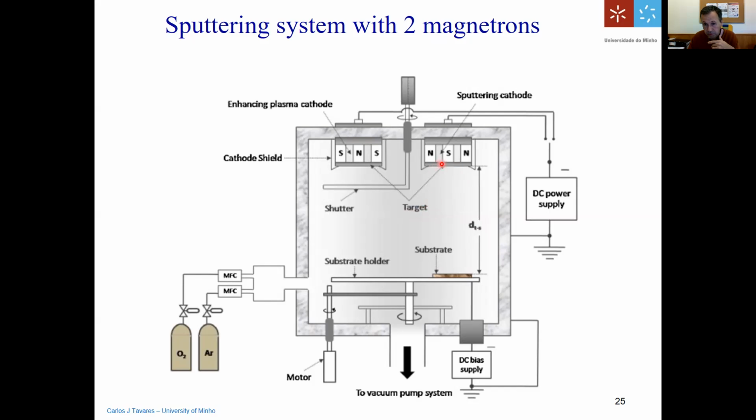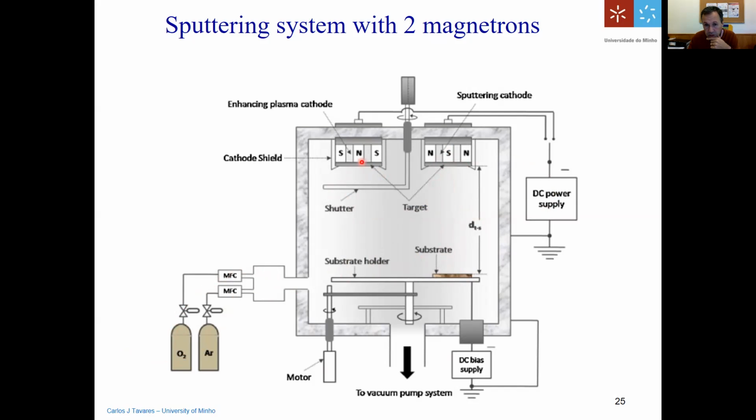If your titanium plate is here, then in this process, you're making the deposition of titanium, which means that you have to rotate your substrate holder and put your substrate directly below the titanium target, to make titanium dioxide after you put oxygen. Now, when you sputter from the zinc target, you have to open the shutter, put the shutter on the other part, and place the substrate directly below your zinc target. You introduce the appropriate amount of oxygen and argon, and you do the process again.